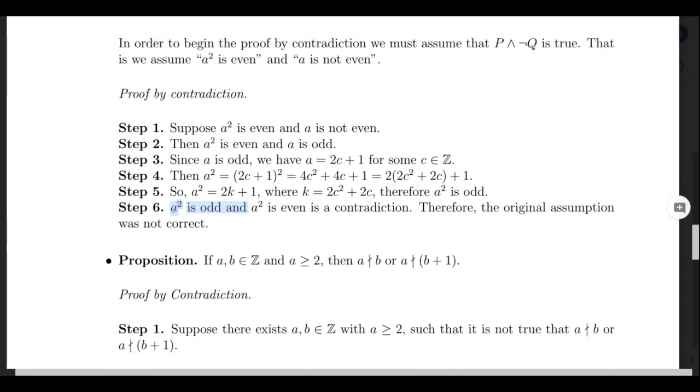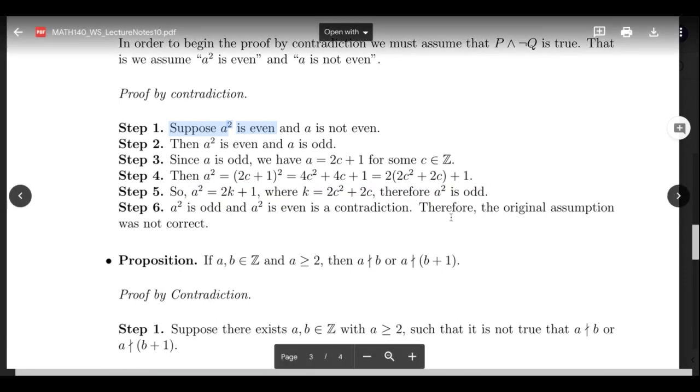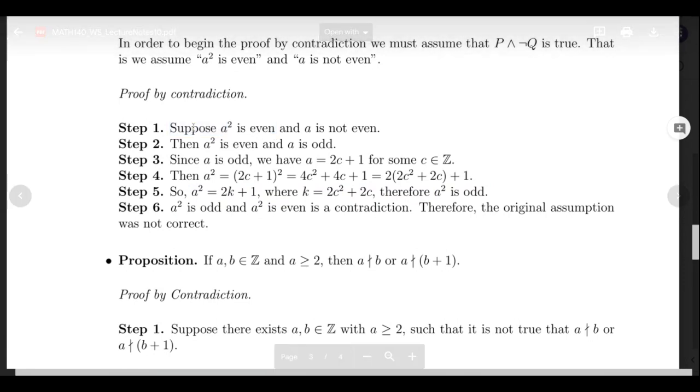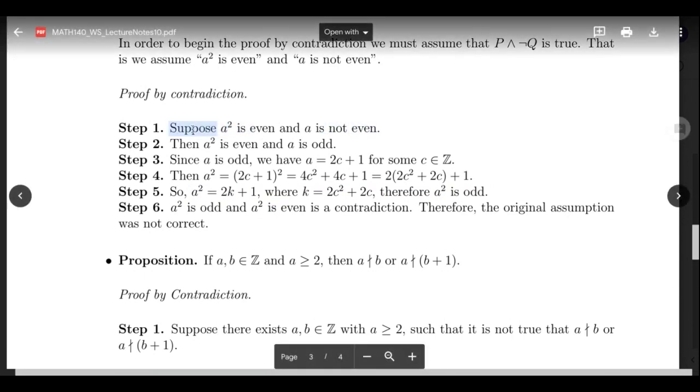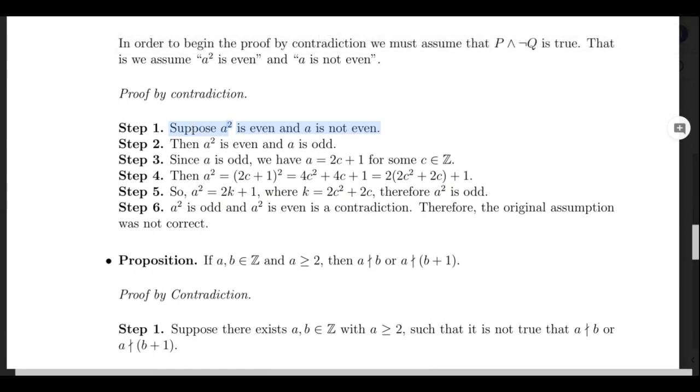So we showed A squared is odd, but we assumed A squared is even. So that's a contradiction. Therefore, the original assumption has to be false. Has to be false, right?